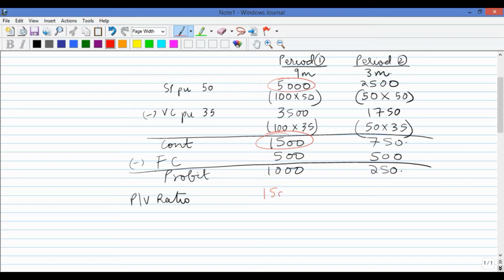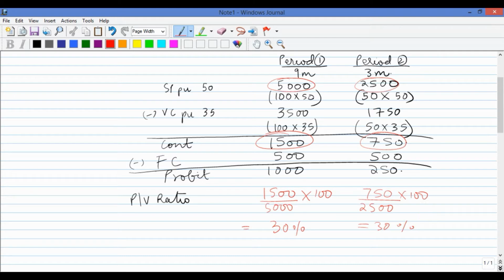So 1,500 divided by 5,000 and then multiplied by 100 is 30%, which is the profit volume ratio. And here also, contribution divided by sales: 750 divided by 2,500 into 100, I'm going to get 30%.